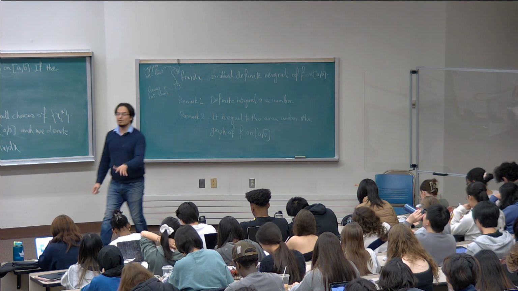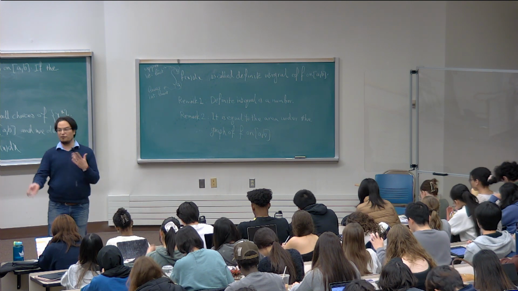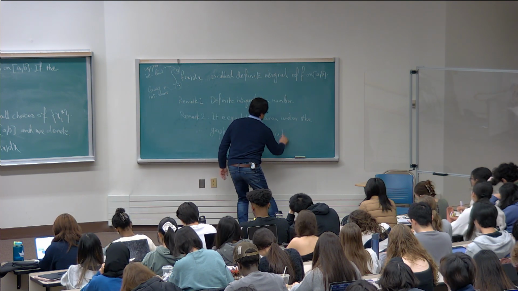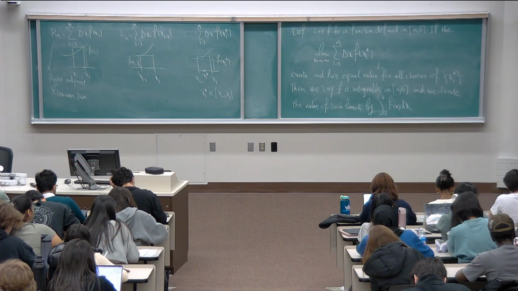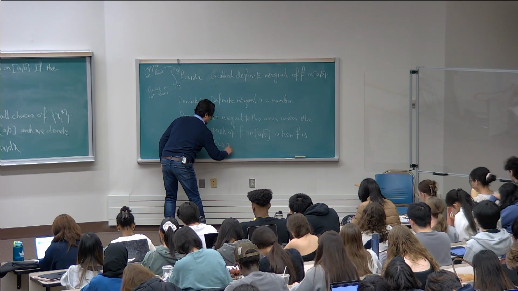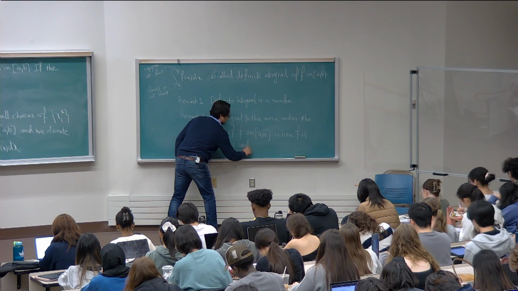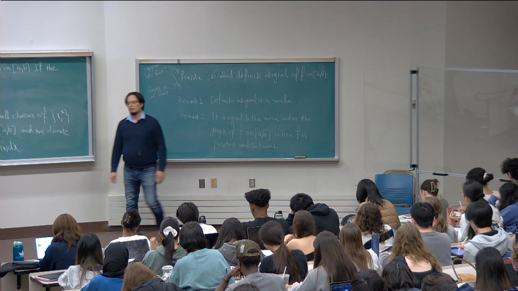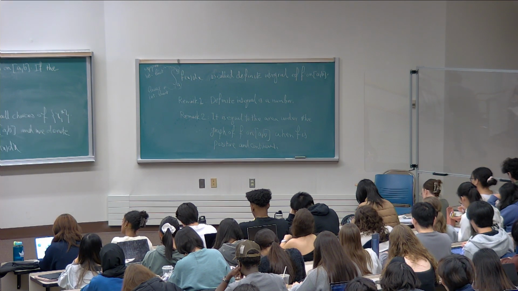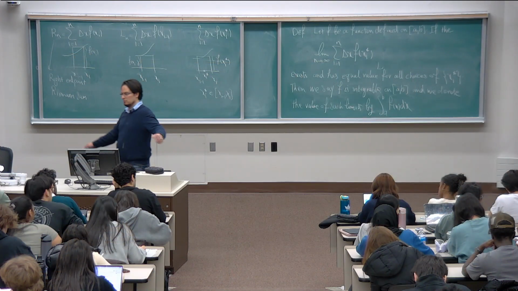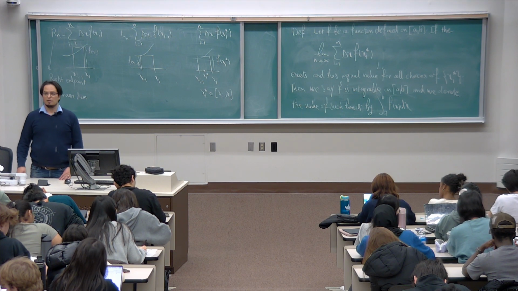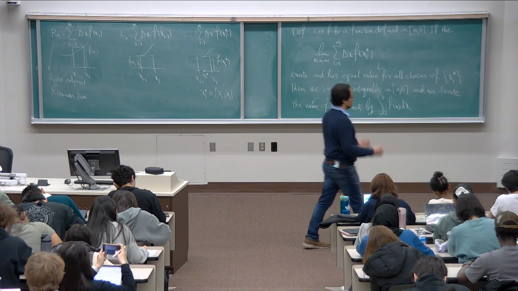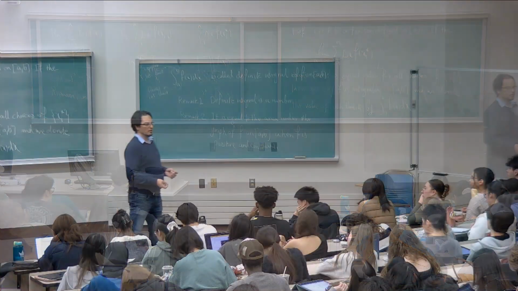But remember, area, we only defined it when the function was positive. So when f is positive and continuous. Done. We have the new notation, definite integral from a to b of f of x dx.